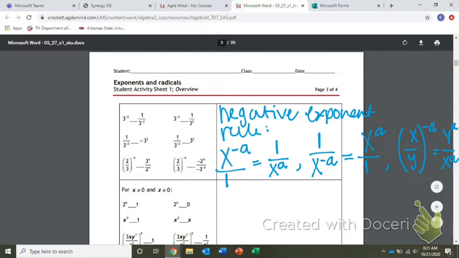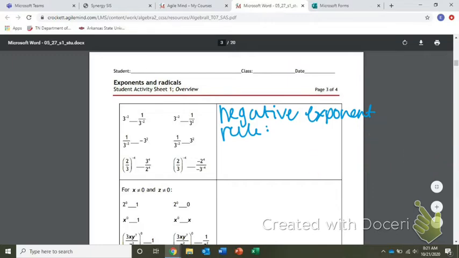Okay? So I'm going to go through this again because this one's a little bit different. So the first one, let's say I have a base with a negative exponent. Well, remember, we don't like negatives. So we're saying 1 over x to the positive exponent. Now, let's say I have my fraction first. So I have 1 over x with a negative a exponent.